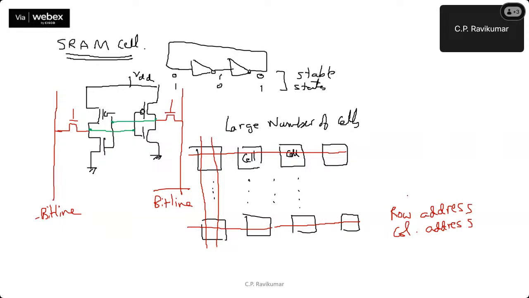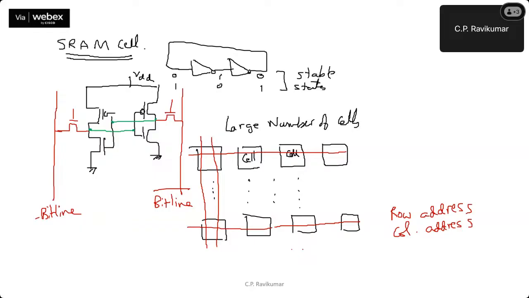So the way things are organized here, when you select a particular row, all the cells in that row will be sort of read. Among them, we can further go and select the cell from the column address. So we can select any particular row and any particular column.